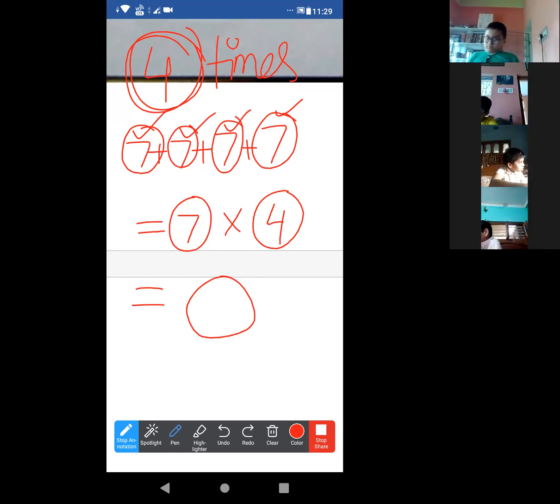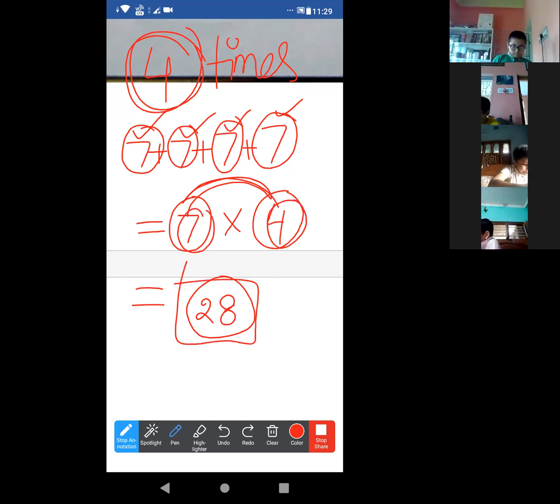Okay. So now 4 sevens are 28. Basically, if you don't know the table of 7 and 4, you cannot write this. So what to do? Ultimately, we just have to add. 7 plus 7, 14 plus this 7, 21 plus this 7, 28.